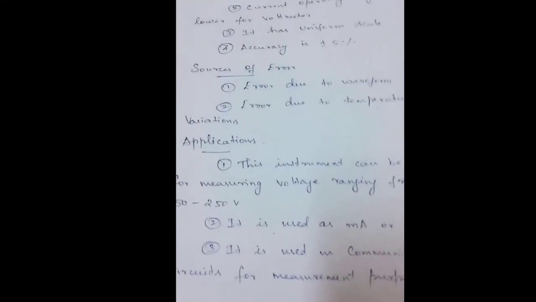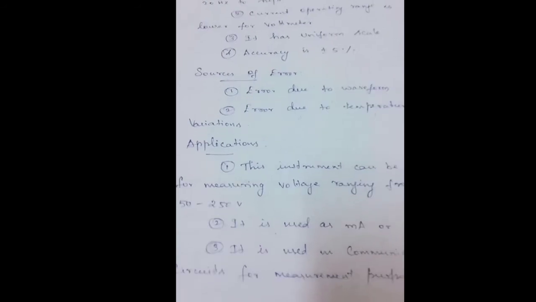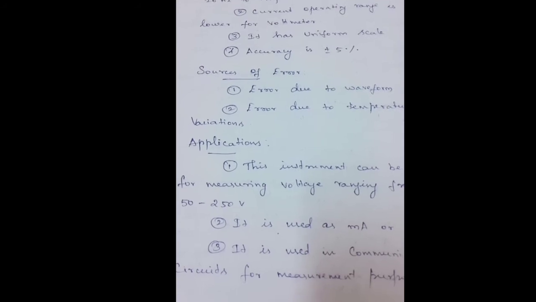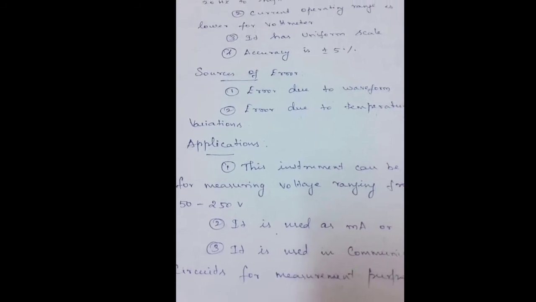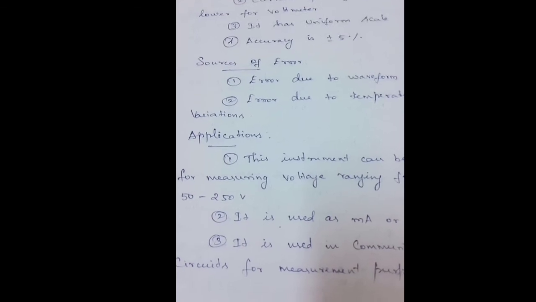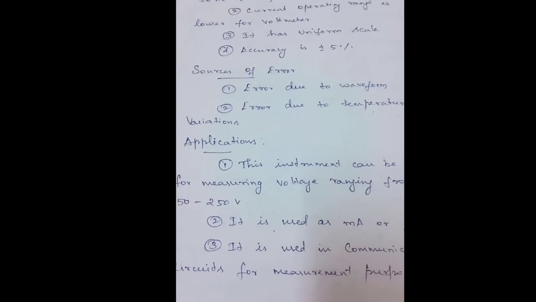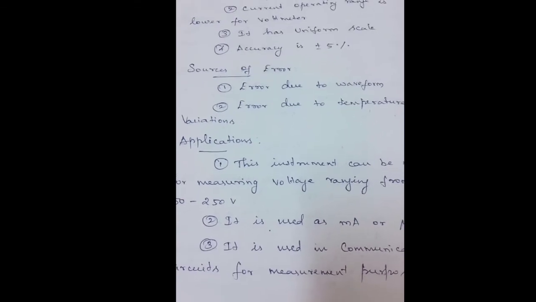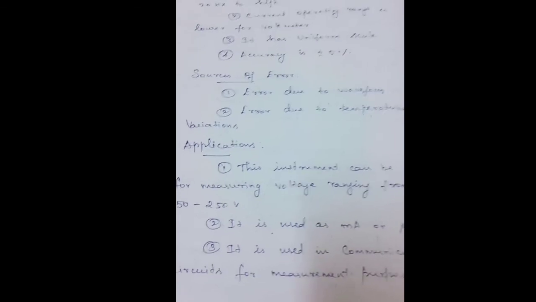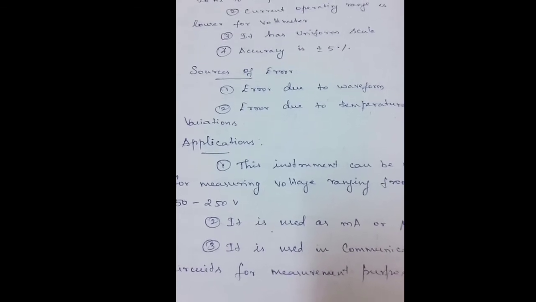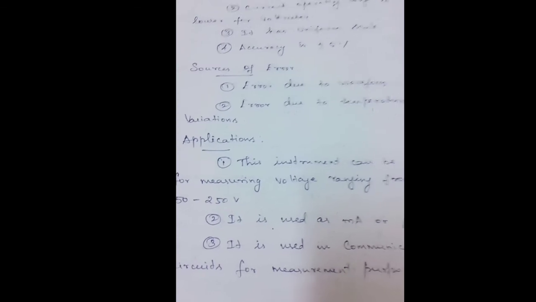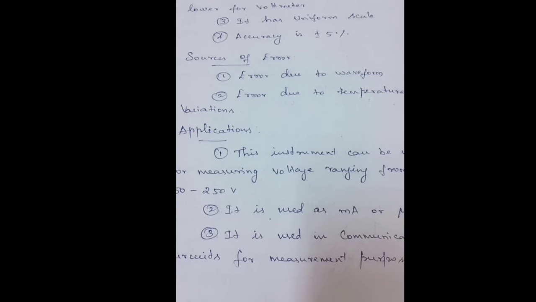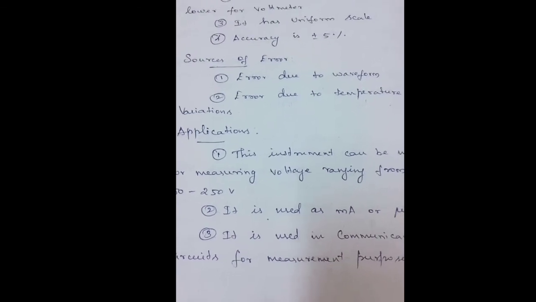So that is about the rectifier type instrument. Any rectifier type instrument makes use of rectifiers for rectification, and for output indication they make use of PMMC instruments. These instruments are majorly used for measuring AC voltage quantities. For measuring current values, it is rarely used. When it is used for measuring higher values of currents, a current transformer is introduced on the measurement side.